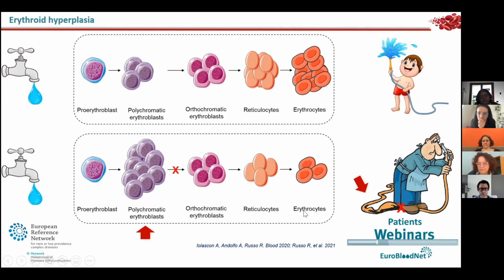And this concept is important to understand at least 2 main aspects of the clinical features in CDA patients.